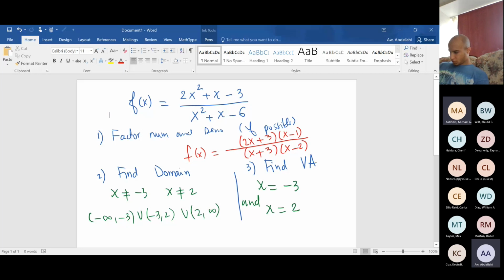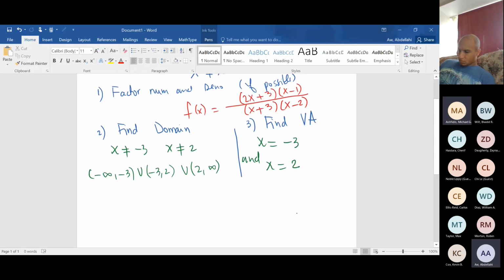Don't forget the "x equals", right? If you say -3 and 2, you are giving me numbers. But you didn't forget about it. Thank you. x equals -3 and x equals 2. These are the vertical asymptotes.